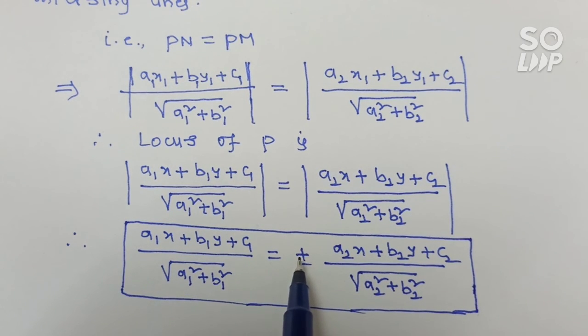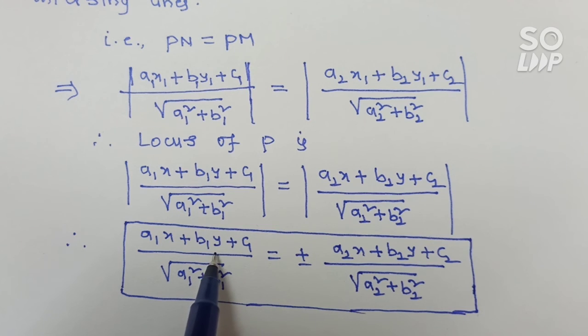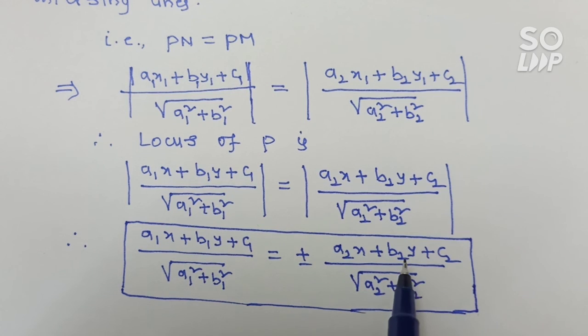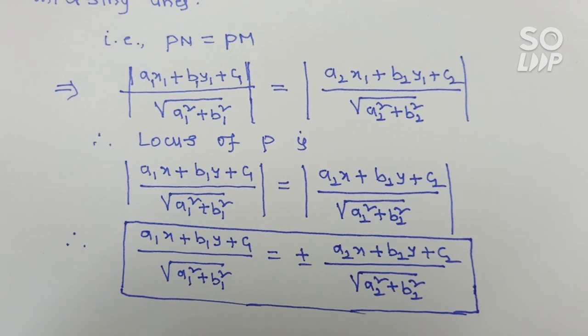One equation we get by equating LHS to the positive sign of this value, and the next equation we get by LHS equal to minus of the RHS value. By cross multiplying and simplifying we will get the two linear equations.